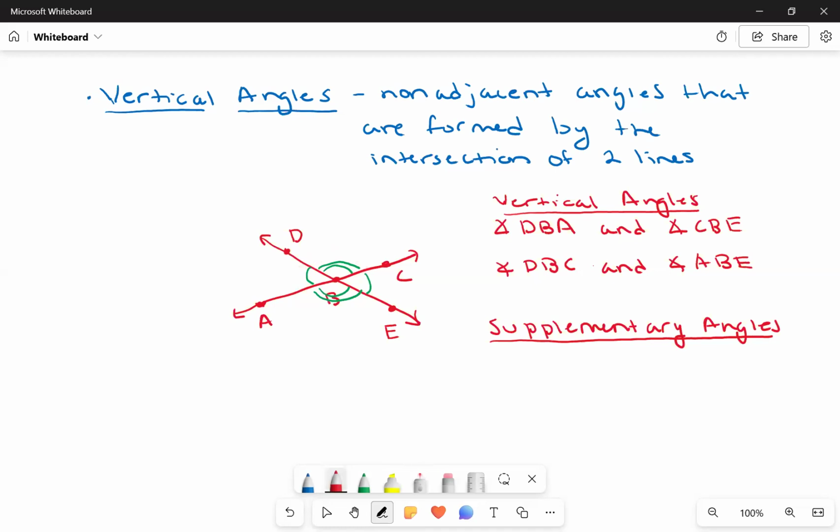So that's going to be angle ABD and angle CBD. And then the opposite side of that, from here to here, those two angles are also supplementary. So that would be angle ABE and angle CBE.